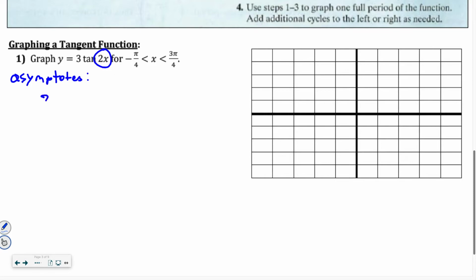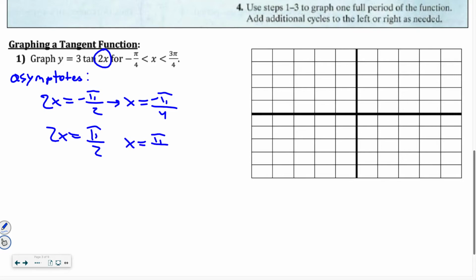We're going to set 2x equal to negative pi over 2, and 2x equal to pi over 2. So I get x equals negative pi over 4, and x equals positive pi over 4. That's how I can find out where my asymptotes are on this particular problem.